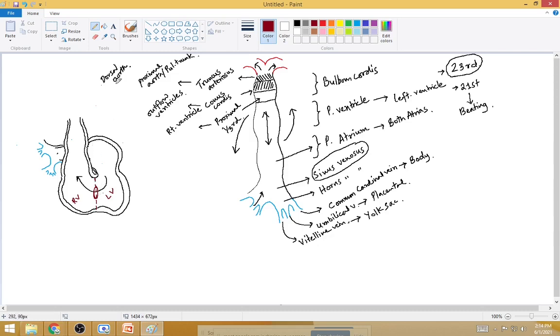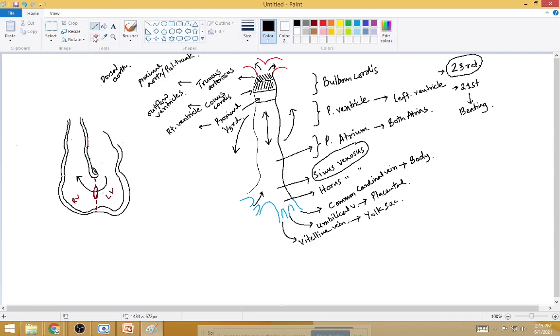Now the atria further, so you cannot see it from the back, I mean from the front. What you are seeing is from the back.